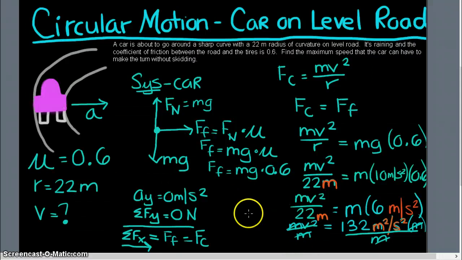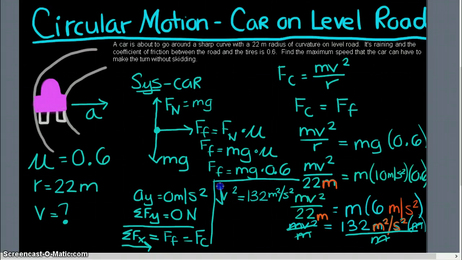So I end up with v squared equal to 132 meters squared per second squared.